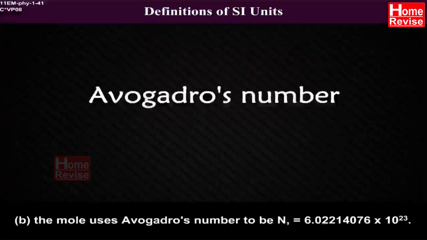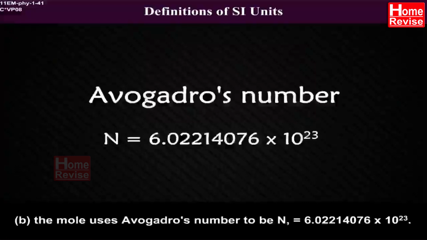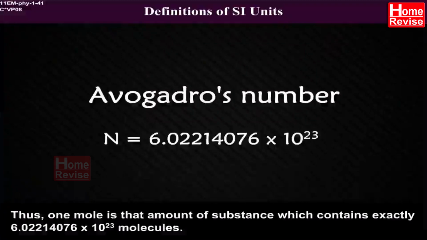B. The mole uses Avogadro's number to be N equal to 6.02214076 multiplied by 10 raised to 23. Thus, 1 mole is that amount of substance which contains exactly 6.02214076 multiplied by 10 raised to 23 molecules.